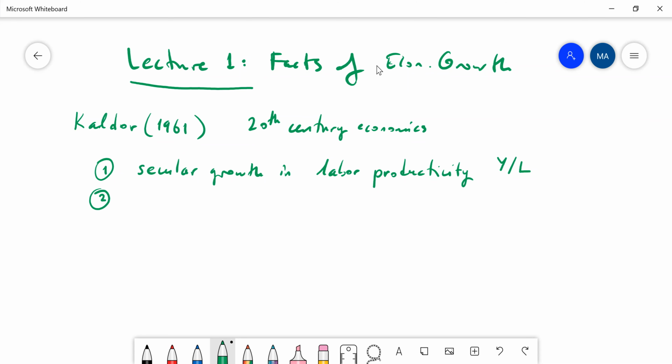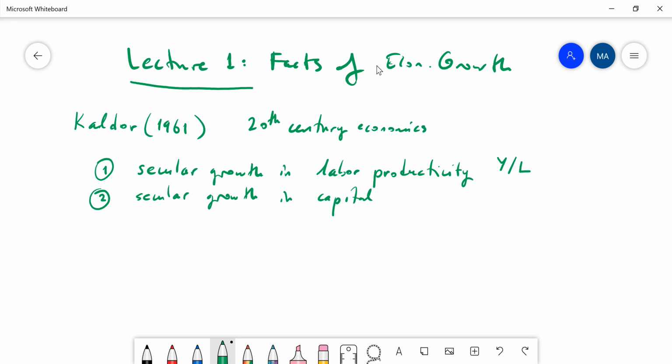The second stylized fact is also about growth, but it is about the secular growth in capital per worker. You may imagine this variable in this form.